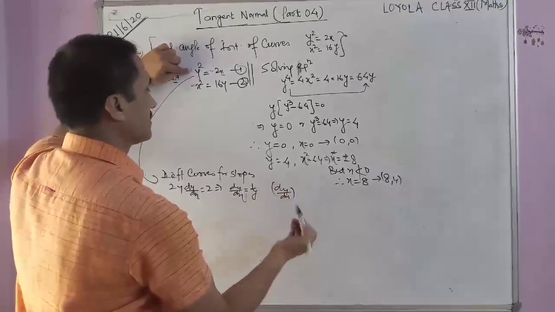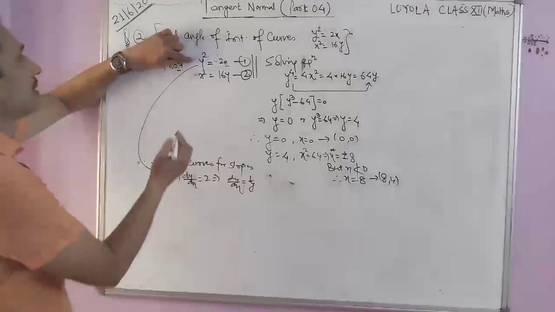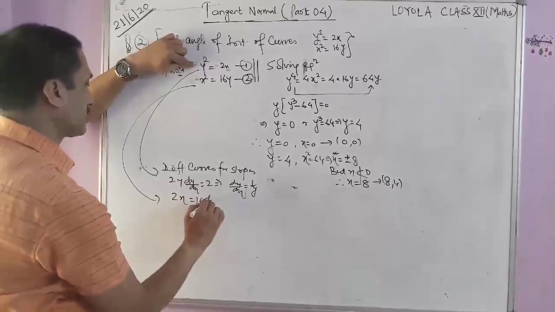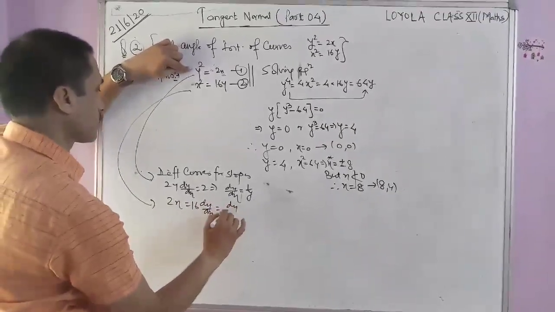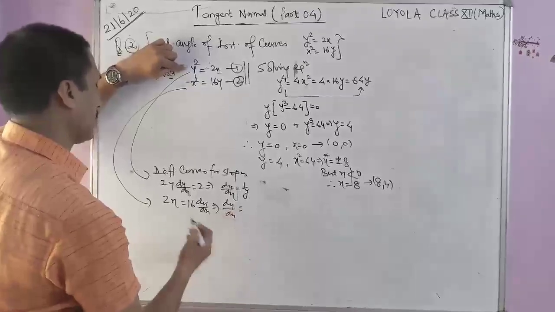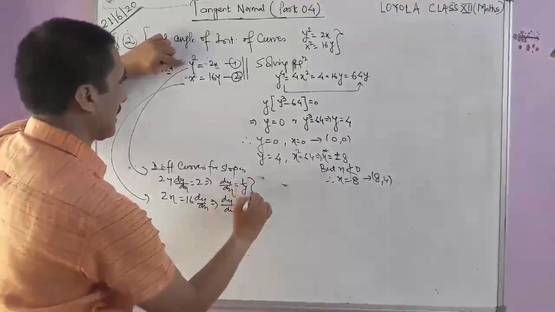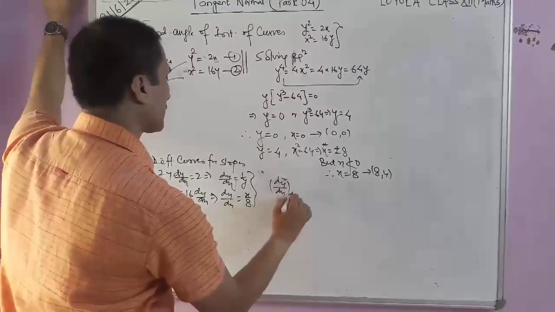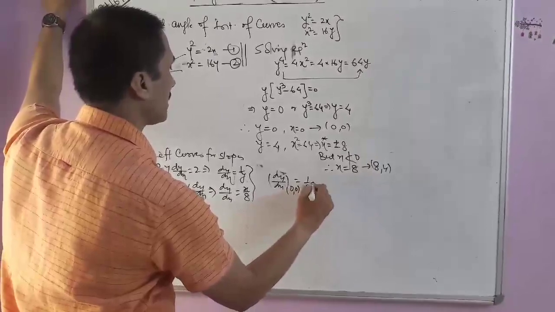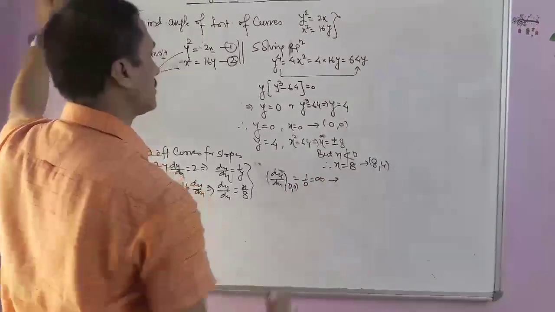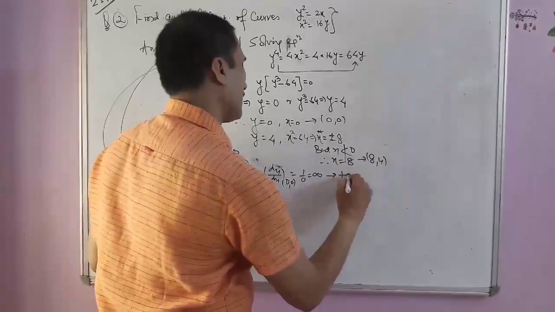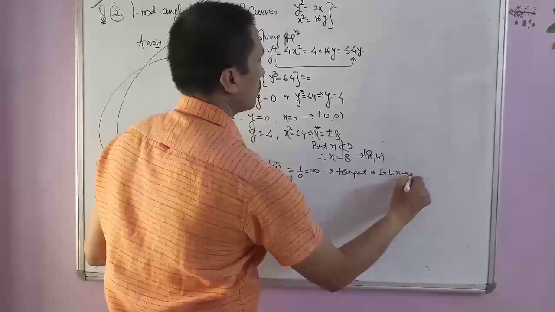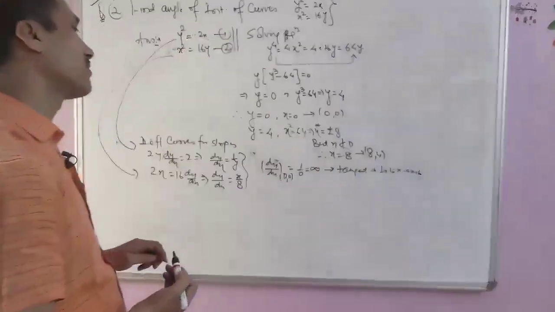For the second curve, 2x equal to 16 dy by dx, so dy by dx equal to x upon 8. dy by dx at (0, 0) for the first curve is 1 by 0, which is infinity. This implies the tangent is perpendicular to the x axis, or parallel to the y axis.